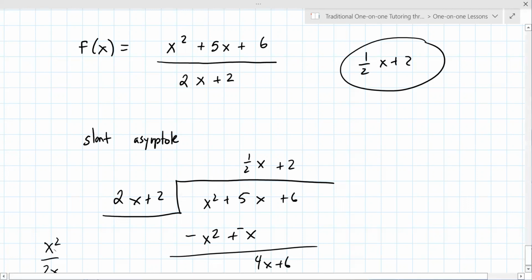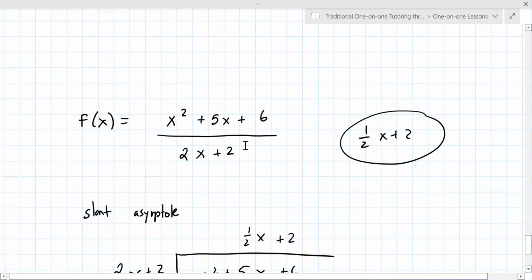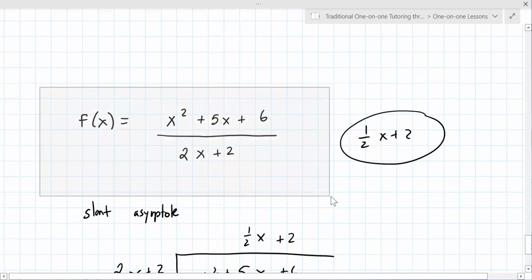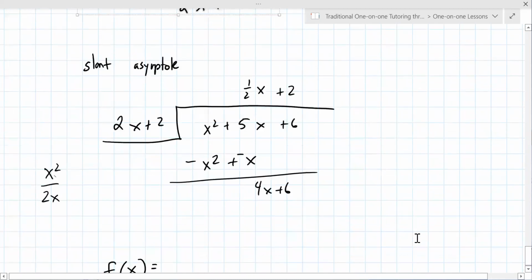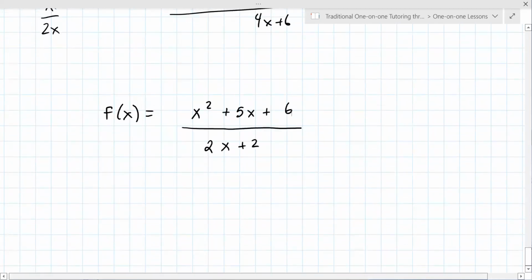All right, how about let me ask you to find some other things for this one. Let me grab this again. Could you tell me the vertical asymptote for this one?